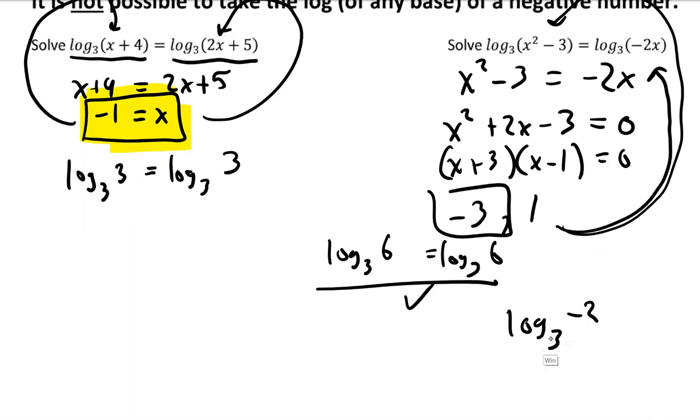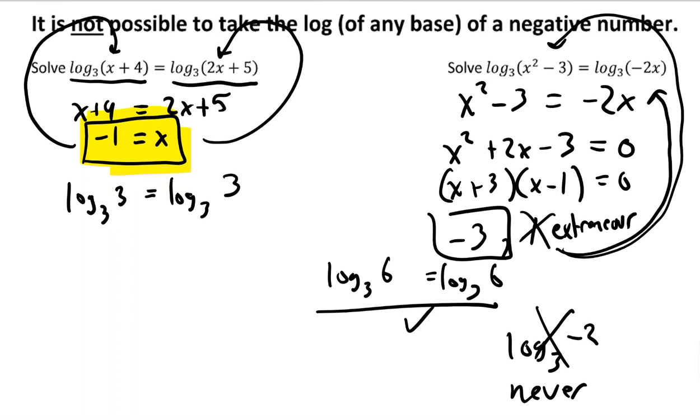This is asking you 3 to what power gives you negative 2, and it never does. So this is what we refer to as extraneous. Our algebra steps are correct, our reasoning was correct, it just doesn't solve the original equation, which was the whole point of the question. So we often need to plug those in to test.